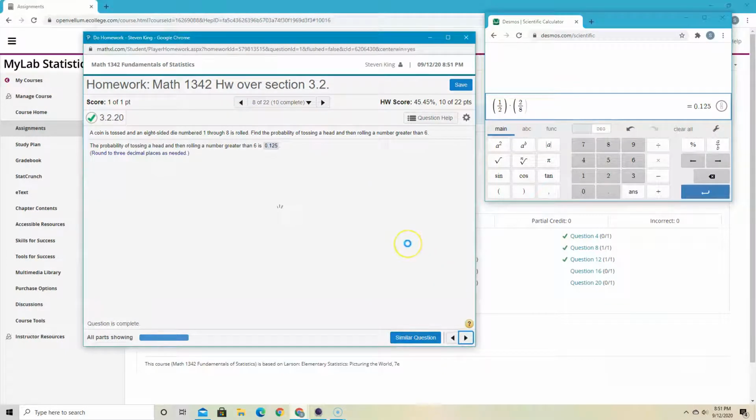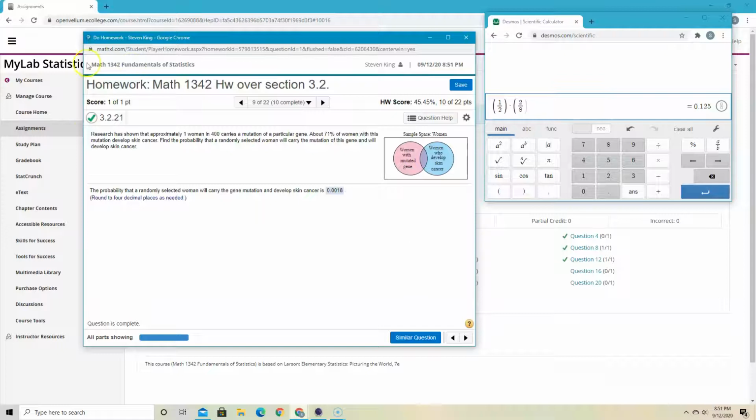Next, number 9. So, research has shown that approximately 1 in 400 women carry this mutated gene, a particular gene that they are interested in, but it's mutated, and that may or may not have an impact on the woman's health, or who knows.